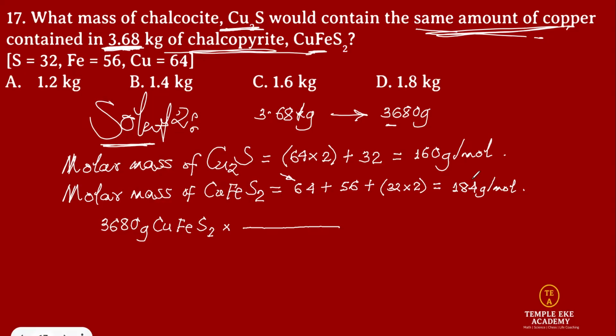So 184 grams of CuFeS2 contains 64 grams of copper. That's the relationship. And now the third and the final unit. We have to target elimination of this gram of copper here. Already we can see gram of CuFeS2 already cancels out here.